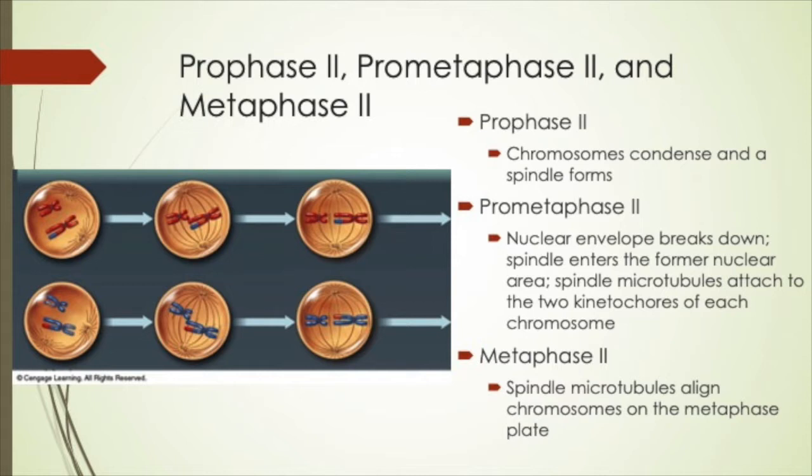Prophase 2, chromosomes condense, and the spindle fibers start forming again. So we have the two chromosomes that have the sister chromatids in them. Spindle fibers start forming up together.